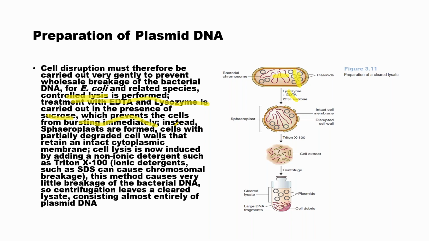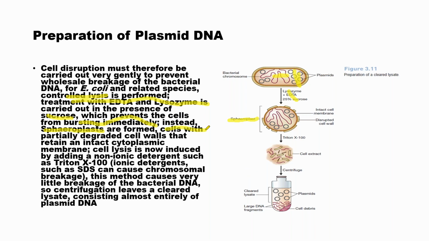Fine. So instead of breakage, here spheroplasts are formed. You can see spheroplasts. So what is a spheroplast? Once we add lysozyme plus EDTA in the presence of 25% sucrose, the cell wall will be opened gently rather than immediately, which will lead to the formation of spheroplasts. What are spheroplasts?